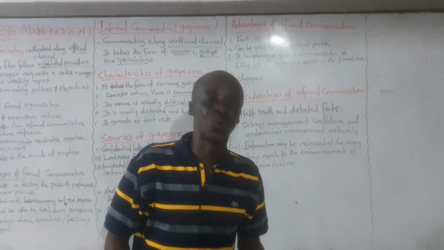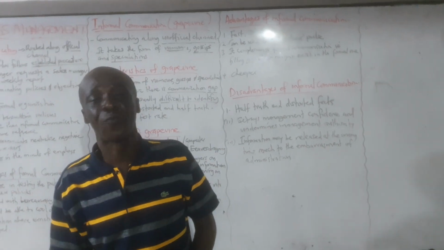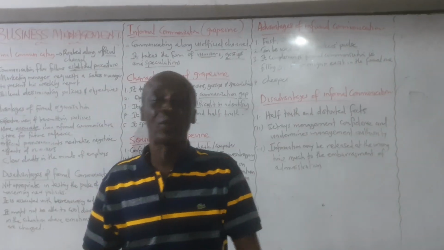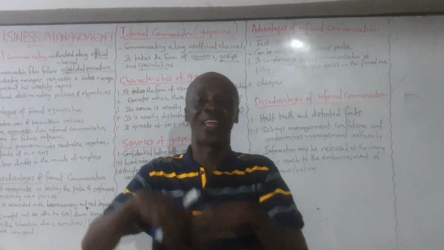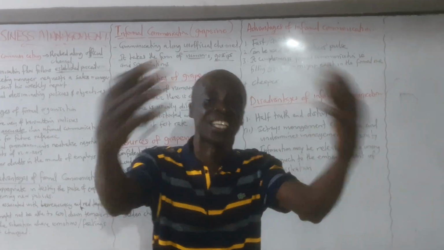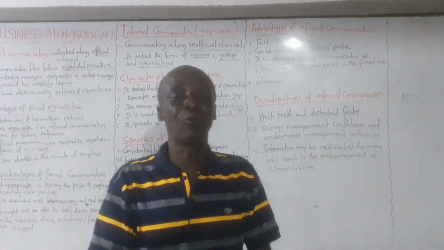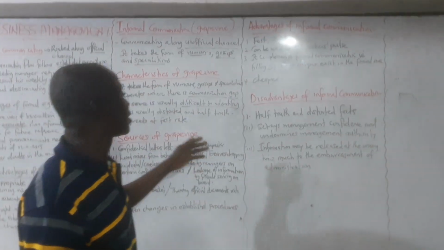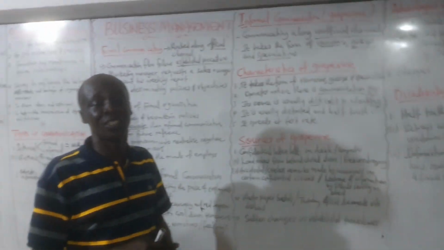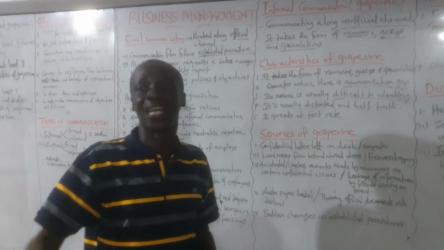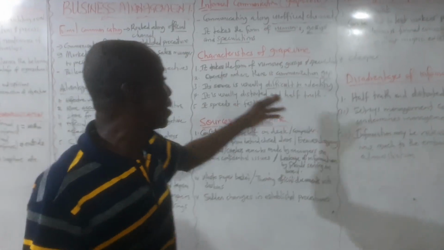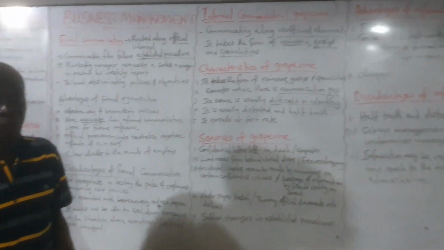You come to school and the school is supposed to give you information as to when you are going to vacate, when you are going on midterms, when you are going to have the industry program, and it should be communicated to you. If the school doesn't give you the information you need, then we say there is a communication gap. And that is what happens in organizations. So when there is a communication gap, people will search for information from other sources, and that will be the unofficial source.